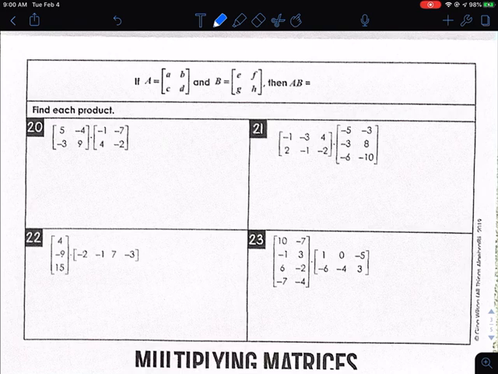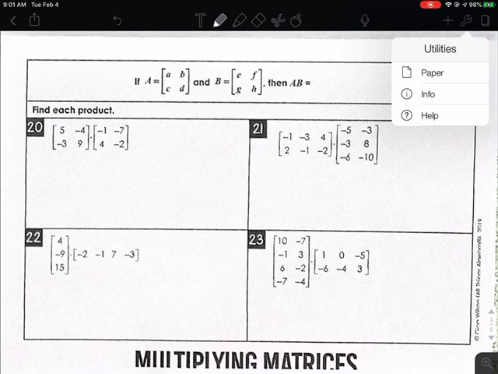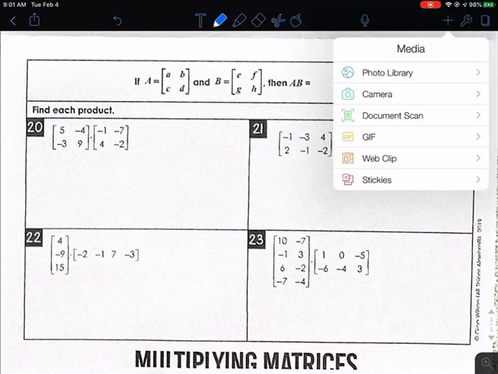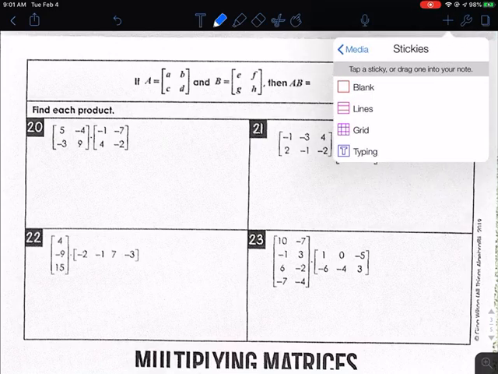So now, number 21. I think I'm going to need some more room to work that. So I'm going to grab a sticky note and put it in here. And then when we are done multiplying it, I'll move it off the top of the other problems. That's the problem with these little sticky notes, they are sometimes in the way.